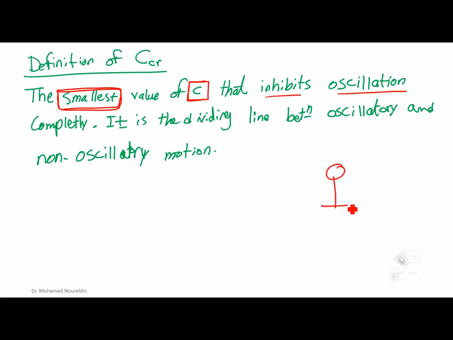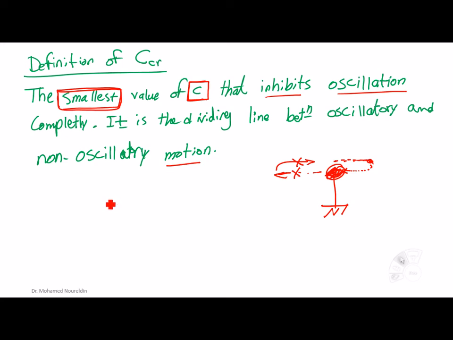Our system is going to start, go to this position, and then return back without oscillation. So it will not go in this direction again and go back again. No, it will not do like this. It will go in one direction and then go back to the rest condition. It is the dividing line between oscillatory and non-oscillatory motion.